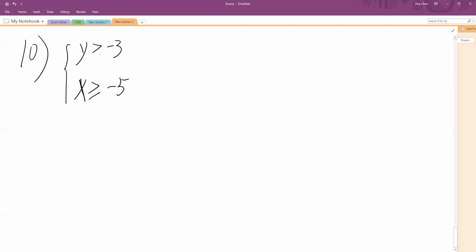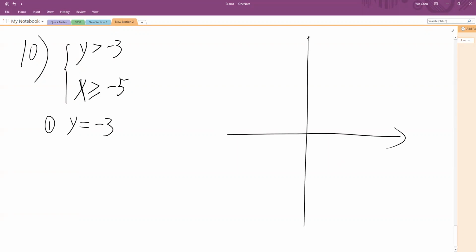So these are two lines, one is the horizontal line, the other one is the vertical line. We can just draw the graph first. For the first one, we look at y equals -3. -3 is 1, 2, 3. And then we should use a dashed line.